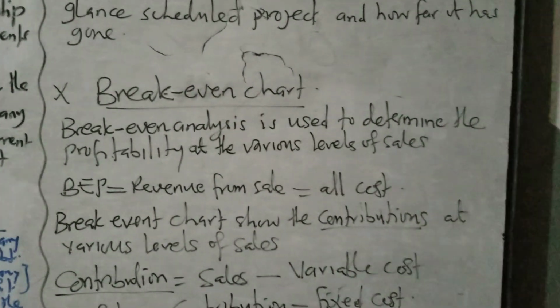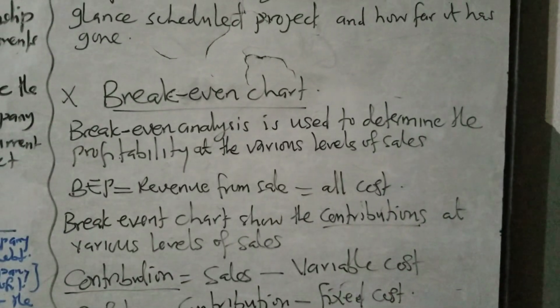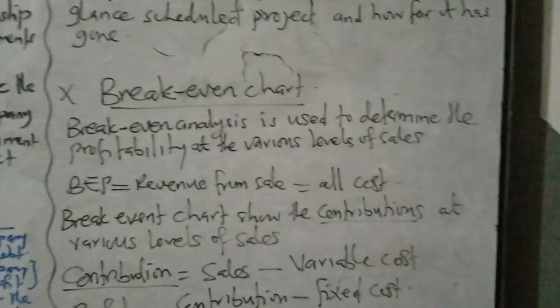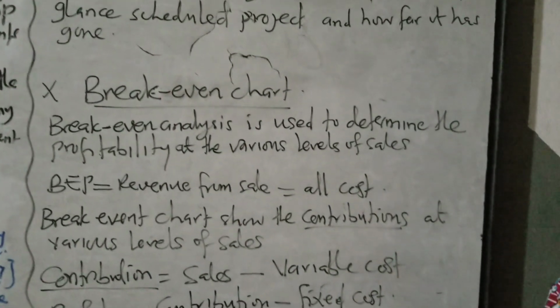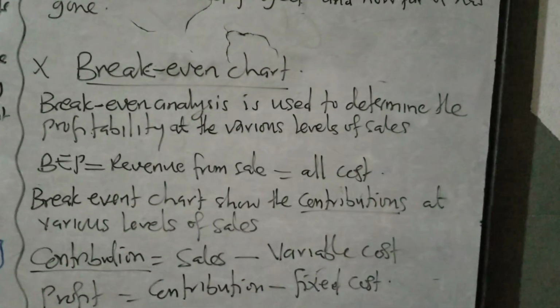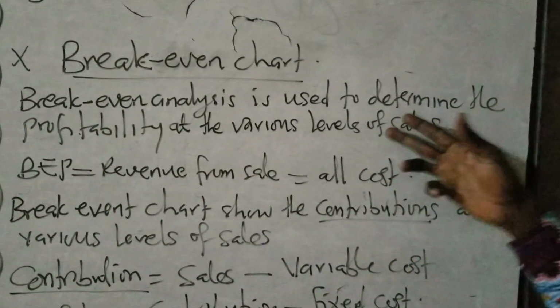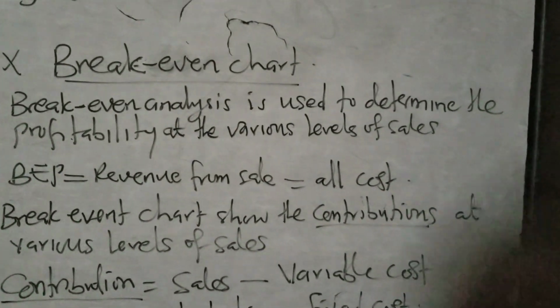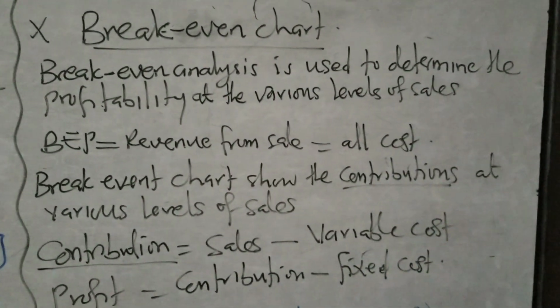Now in costing, you'll be doing break-even analysis. And when you do that, you look at the break-even chart, which is very important when you are doing break-even analysis. Break-even analysis is done to determine profitability at various levels of sales.